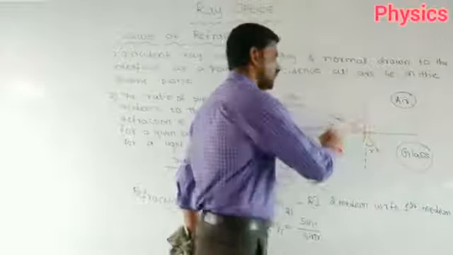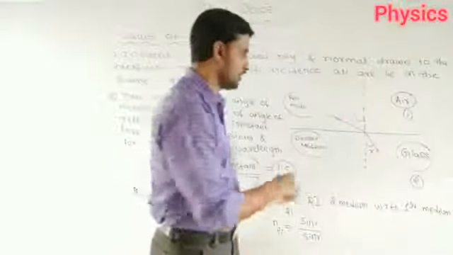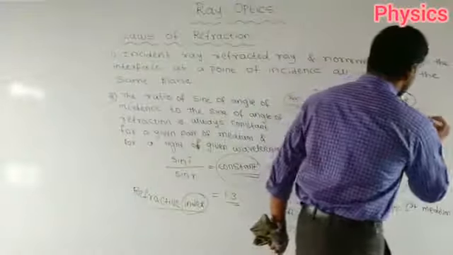When it enters the first medium, it bends away from the normal, because I am incidenting light from a denser to a rarer medium. Now this I is the angle of refraction in this case. So we can incident light in the reverse direction also. Here I is the angle of refraction.